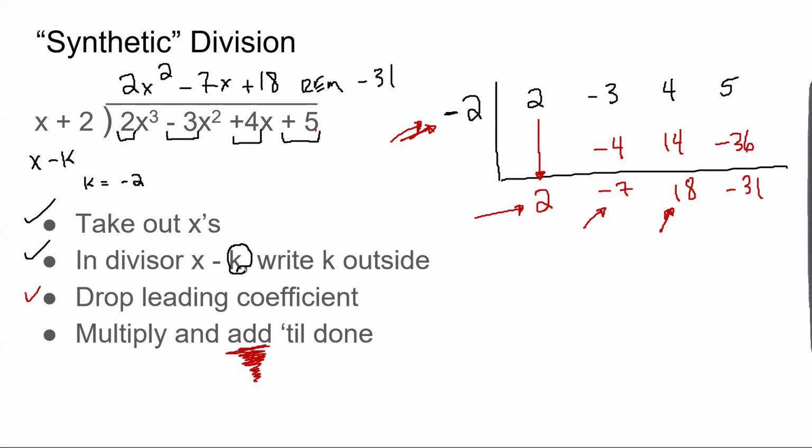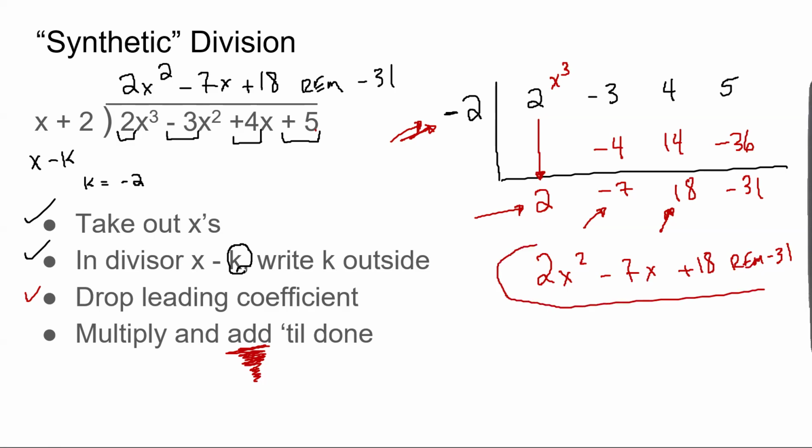We started off with x cubed here, and we erased all that. It's going to knock it down. So this is really going to be 2x squared minus 7x plus 18. And this last one is our remainder.